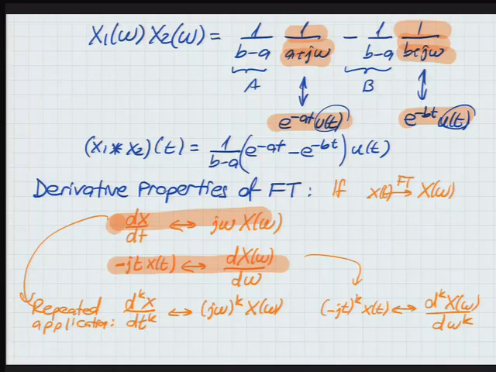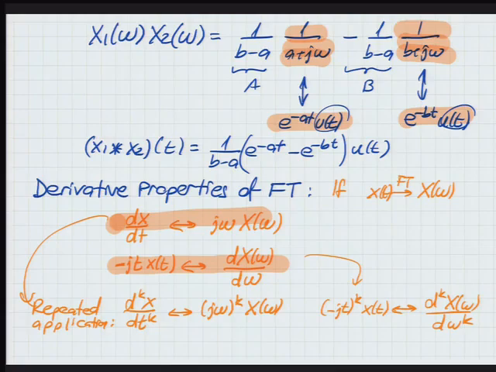So those two are kind of dual to each other. But you have to be careful when you use these duality arguments because you often have different coefficients. Like in one case you multiply not with omega but j omega, and in the other case with negative j times t. So that's the extent of duality you can talk about. Alright? Any questions on the derivative property?